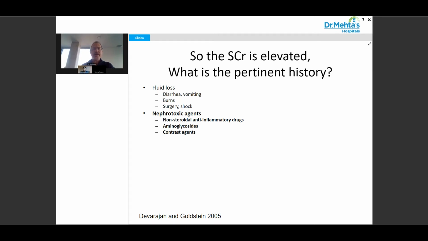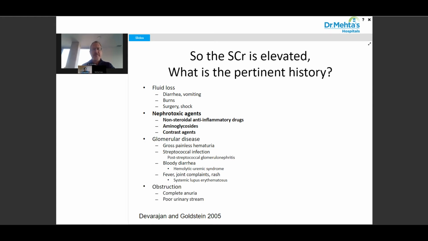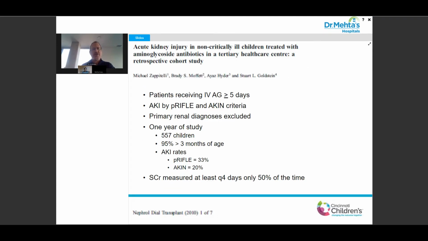And so we need to make sure patients are getting the nephrotoxic medications they need only for the time they need them. Glomerular disease. So there are a number of signs and symptoms that we are all aware of. And then we always have to think about obstruction, especially in patients with congenital anomalies of the kidney and urinary tract.